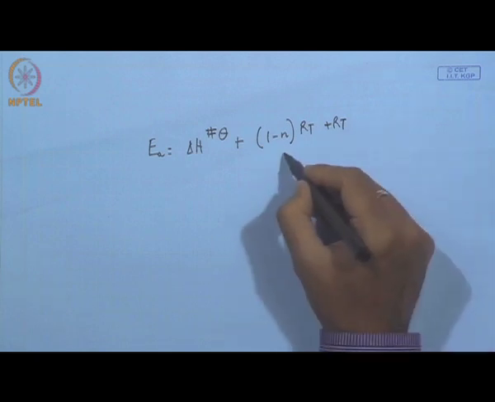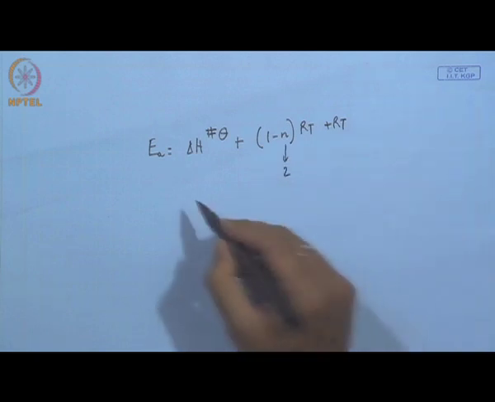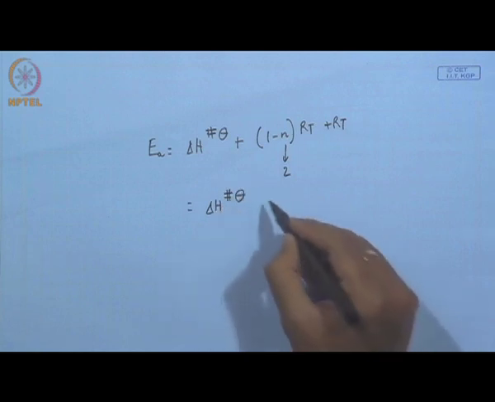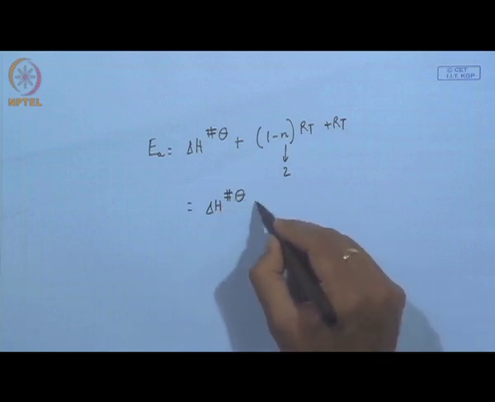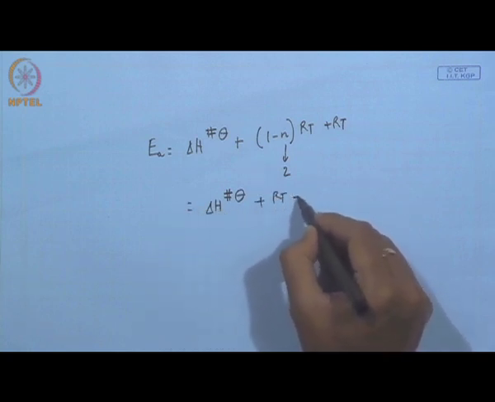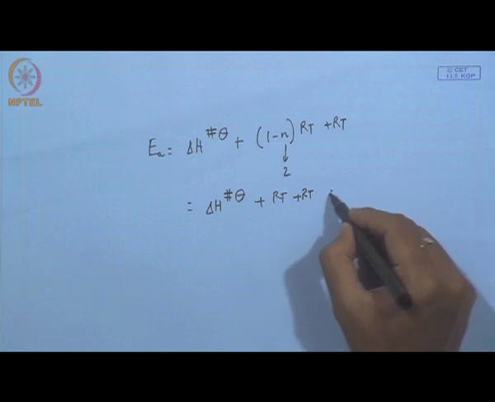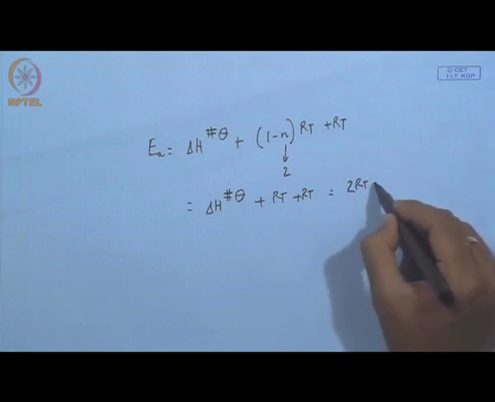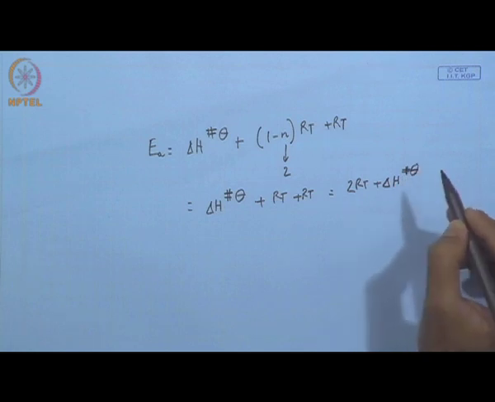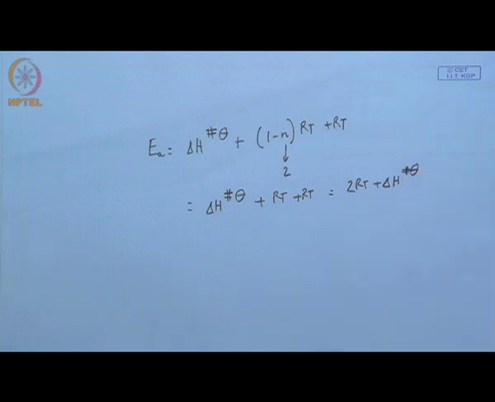For your bimolecular case n is 2, therefore E_A is equal to ΔH‡ standard plus RT, that is equal to 2RT plus ΔH‡ standard. Okay.